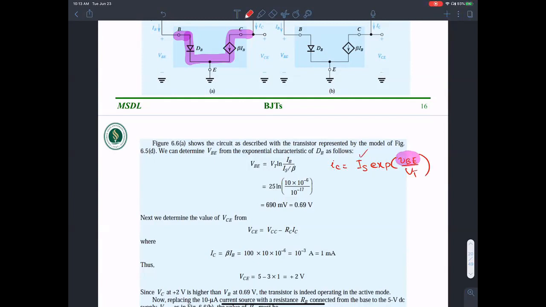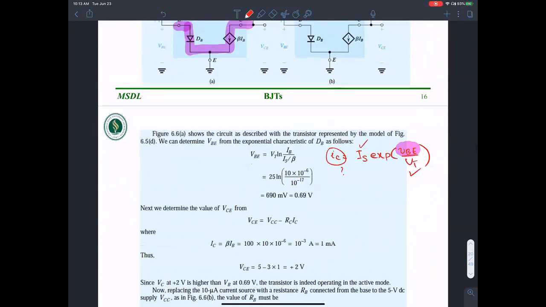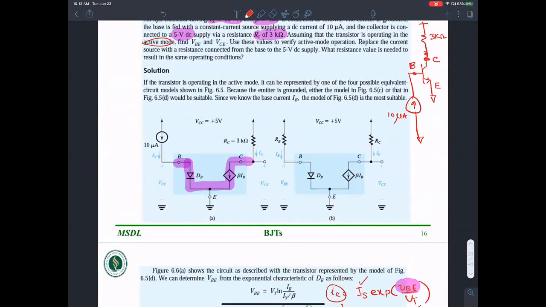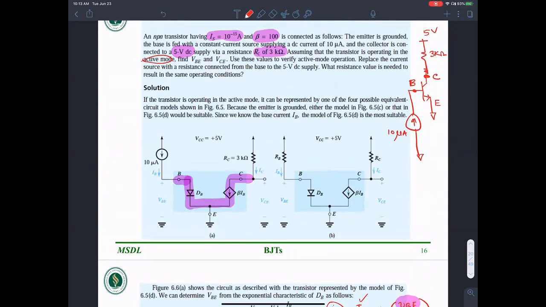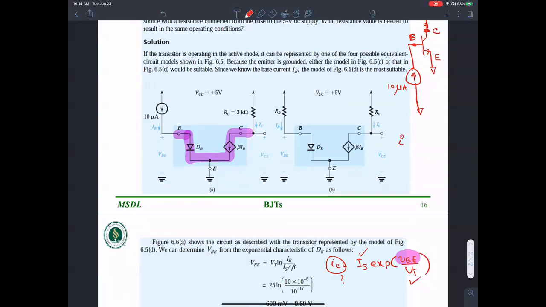It seems we have just about everything except VBE. IS is given, that's given to be 10 to the negative 15 or something. We have VT, we know VT is 25 millivolts, and we have IC. Do we have the value of IC? Is everybody with me?